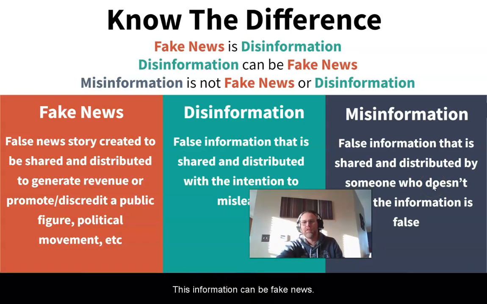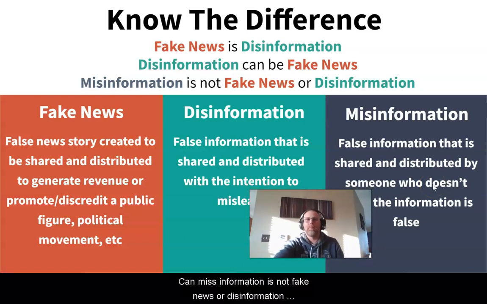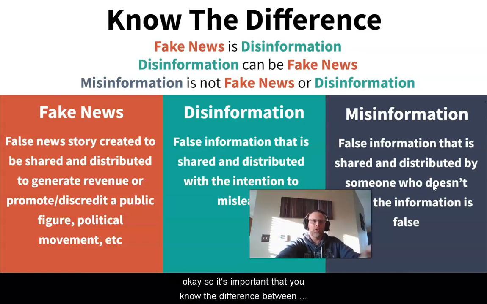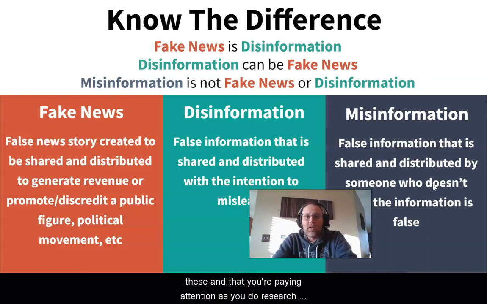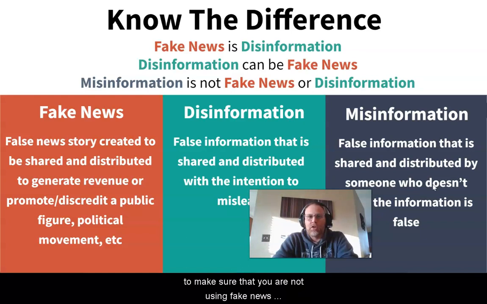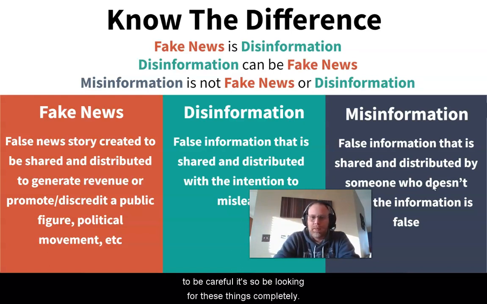Disinformation can be fake news, and misinformation is not fake news or disinformation. Okay? So it's important that you know the difference between these and that you're paying attention as you do research to make sure that you are not using fake news, disinformation, or misinformation, right? You need to be careful to be looking for these things completely.